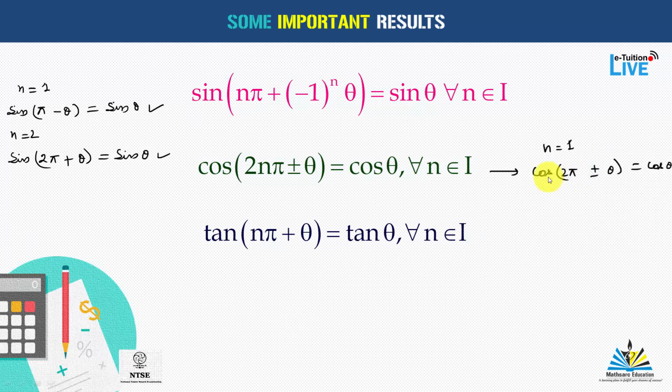And in both quadrants cos is positive, hence this is cos theta. In the same way, for n equal to 3, let's take tan of 3 pi plus theta equal to tan theta. 3 pi means 540 degrees. 540 plus theta means this is moving in the third quadrant, and in the third quadrant tan is positive.